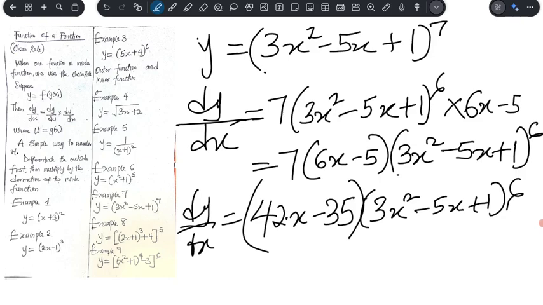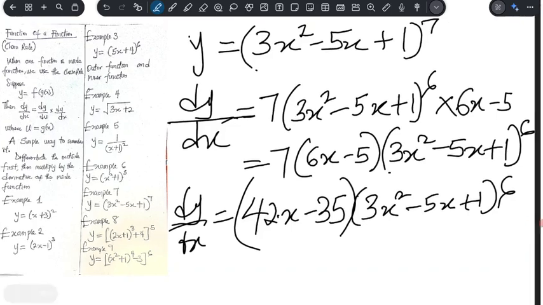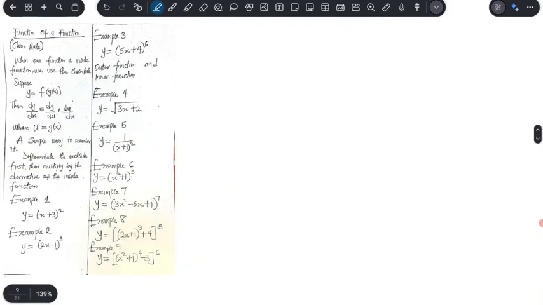So let's also go to example 8 and let's see how it looks like. So in example 8, you're able to see it has a bigger function. Example 8 and example 9: I will only solve example 8. You use the idea to solve example 9 by yourself and you send the answer to me in the comment section.